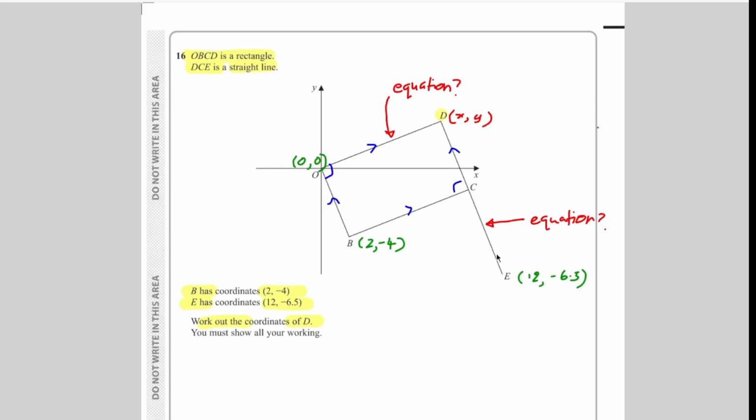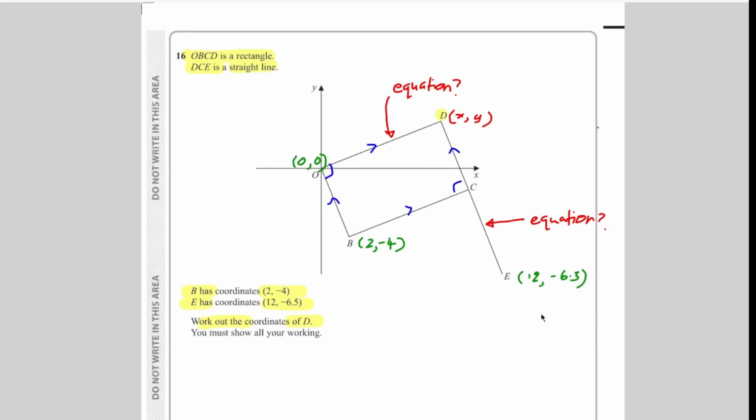We're going to solve those two equations simultaneously. Then you are getting an x answer, and for y also there's an answer. So those x and y answers are the coordinates of D. So let's try to form the equation of OD and try to get the equation of DE.